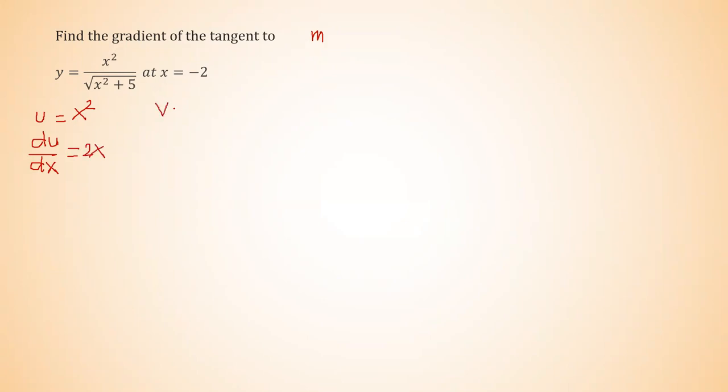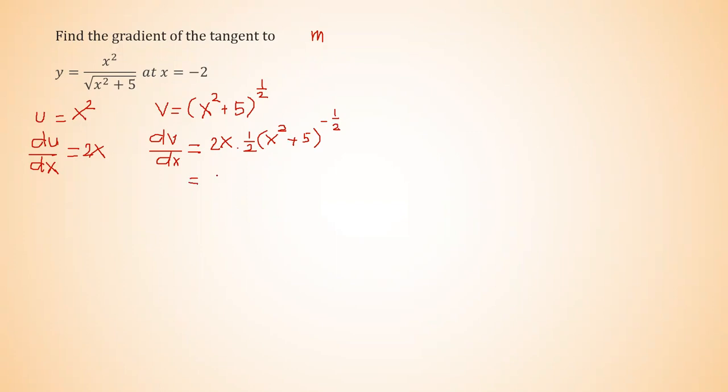And if v equals x squared plus 5 to the power half, it means dv/dx, according to the chain rule, is 2x times a half times x squared plus 5 to the power minus a half.